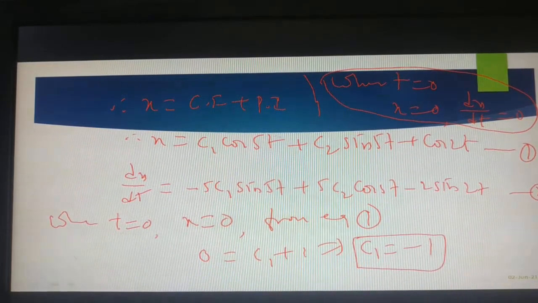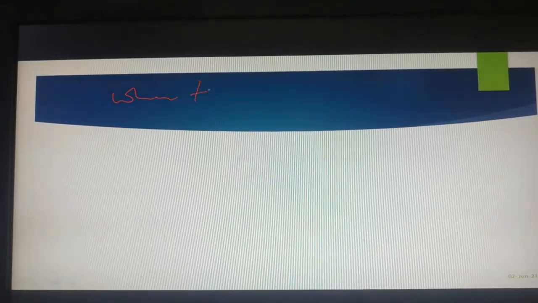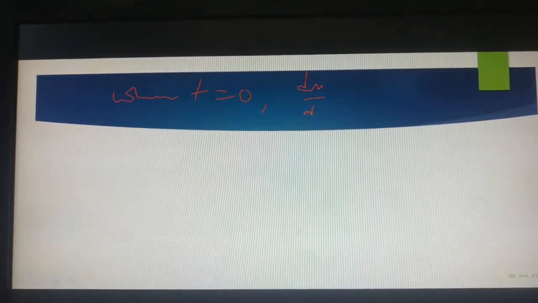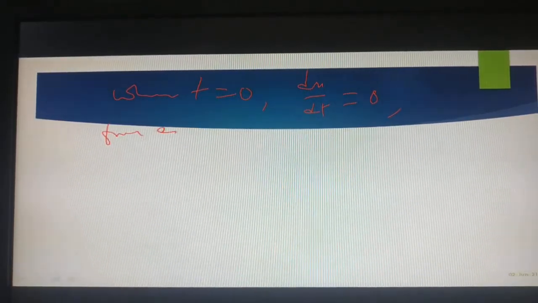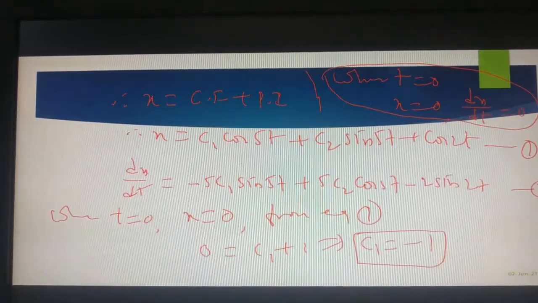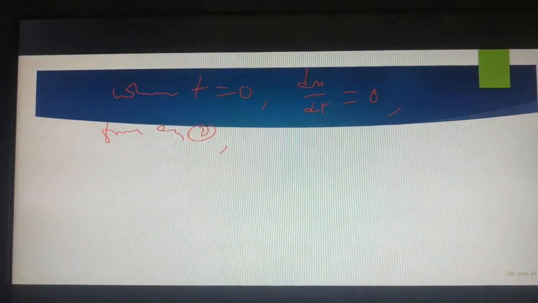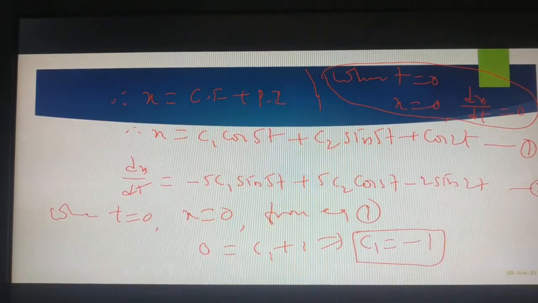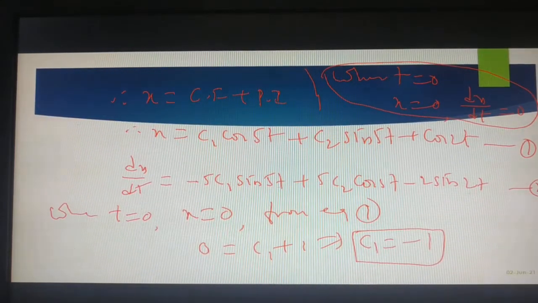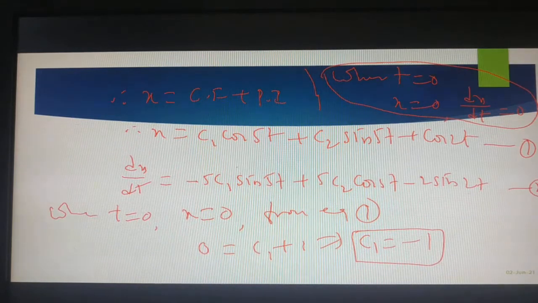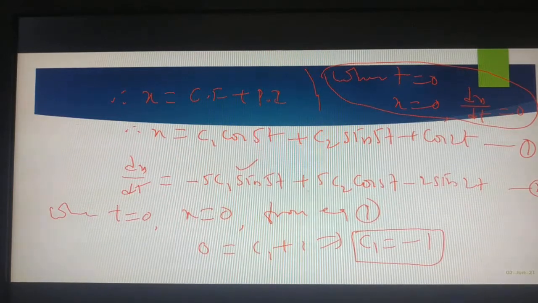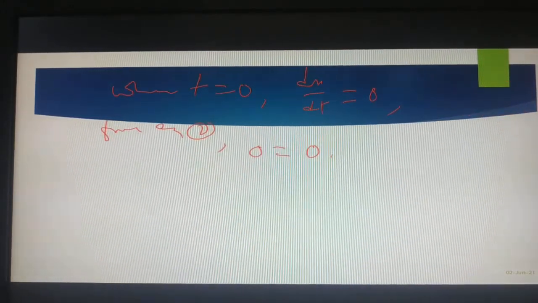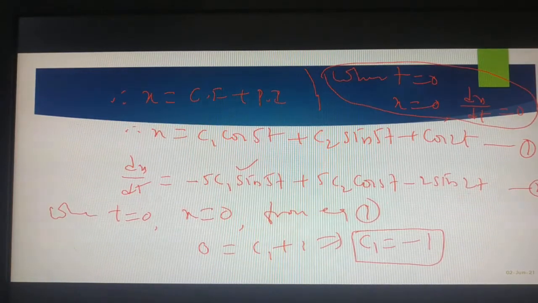Similarly, when t is equal to 0, the dx by dt value they have given is 0. So from equation 2, this value is 0. 0 is equal to minus 5 c1 sin 0. The t value is 0, so this term is 0, and this term is plus 5 c2 into cos 0 value, which is 1, minus 2 sin 2t.